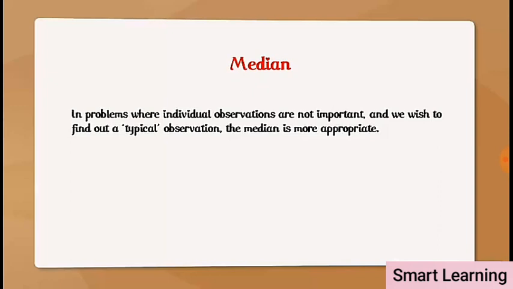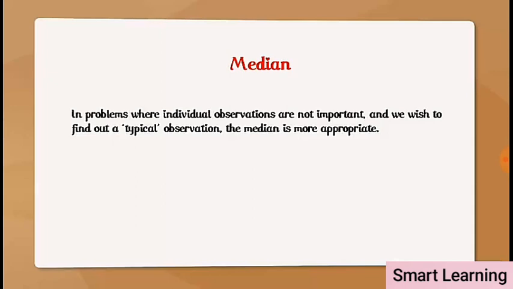In problems where individual observations are not important and we wish to find out a typical observation, the median is more appropriate. Example, finding the typical productivity rate of workers, average wage in a country, etc. These are situations where extreme values may be there.